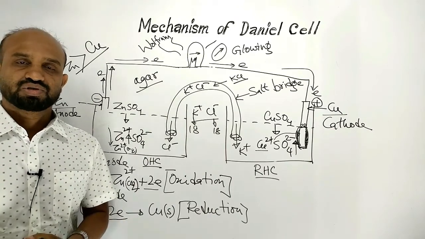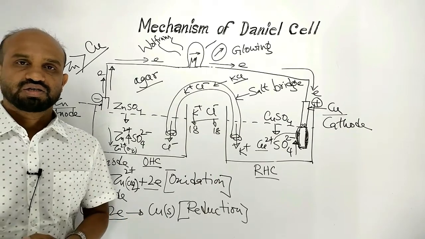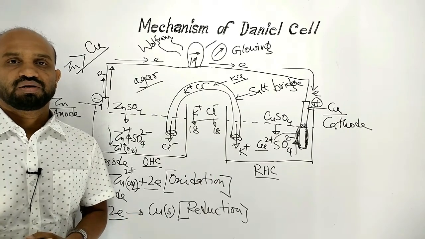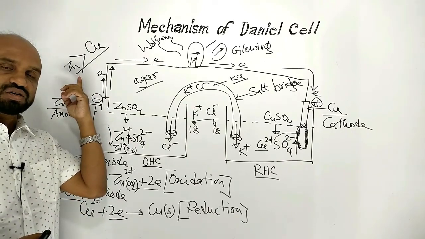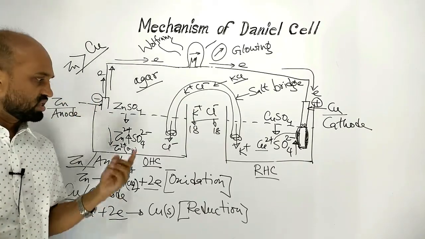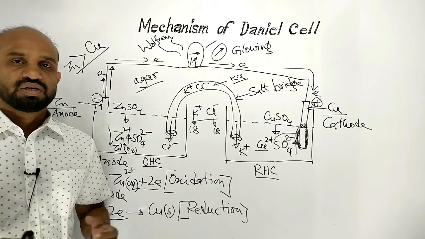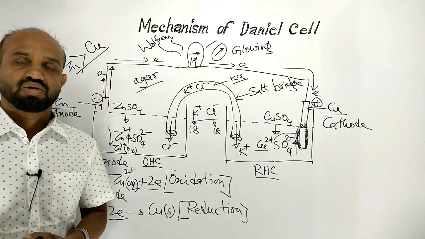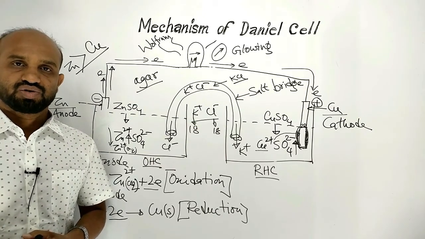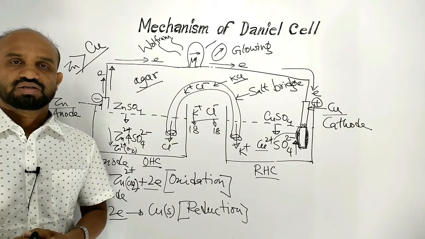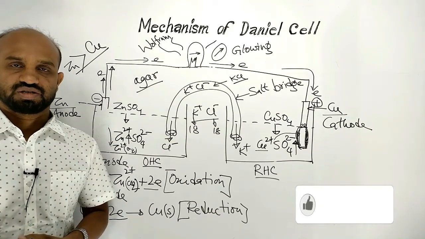Suppose copper were more reactive than zinc, then the oxidation reaction would happen in copper sulfate solution. As zinc is more reactive than copper, in the half cell of zinc sulfate solution, zinc shows oxidation spontaneously. That is why electrons are produced, electricity is produced because of this spontaneous reaction.